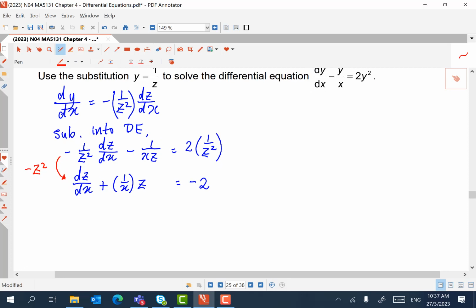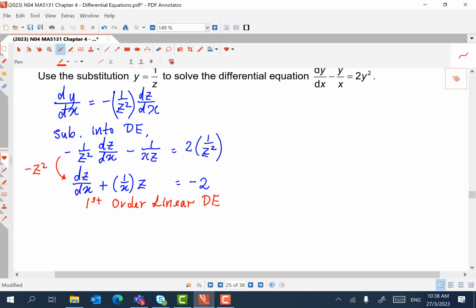Then once you arrive at this line, you will realize that this equation has a name. Alice, what is the name of this equation? It's called the first order linear DE.